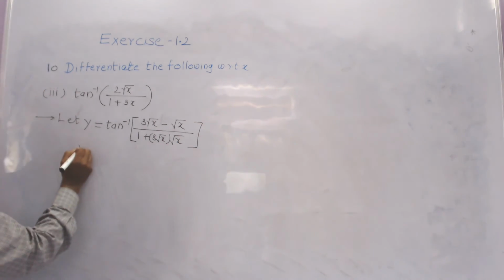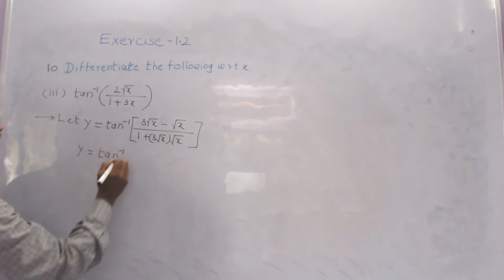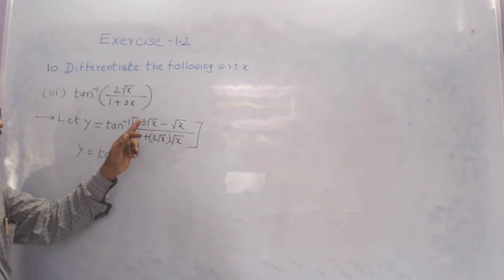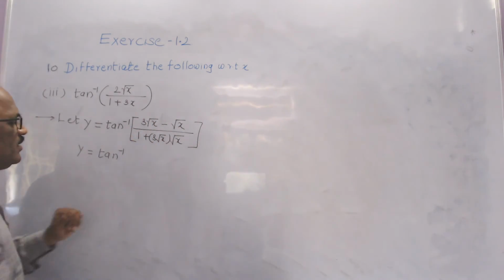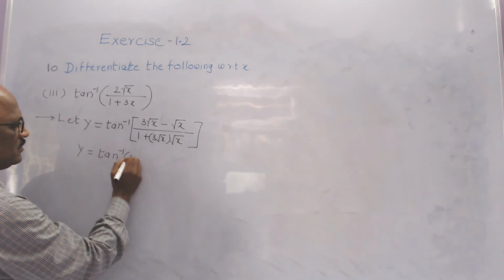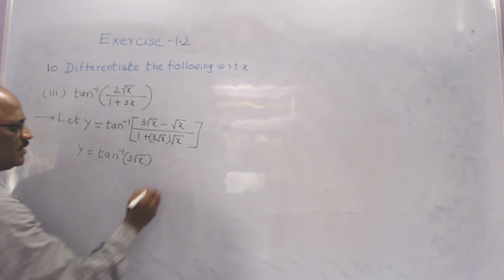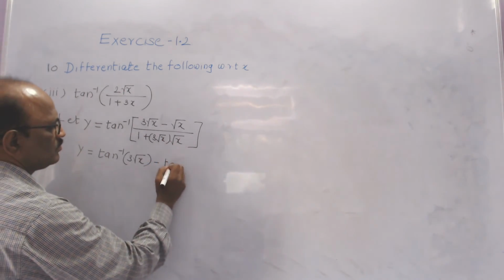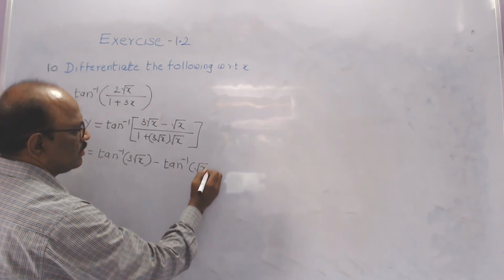Okay, therefore y is equal to, this is the formula for tan inverse of a minus b upon 1 plus a into b, and here it is tan inverse of 3 root x minus tan inverse of root x.